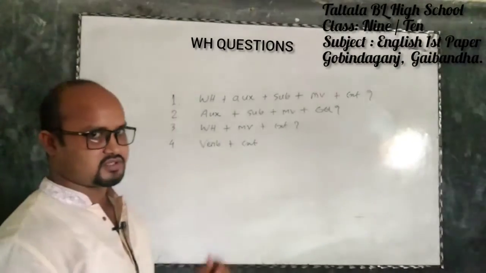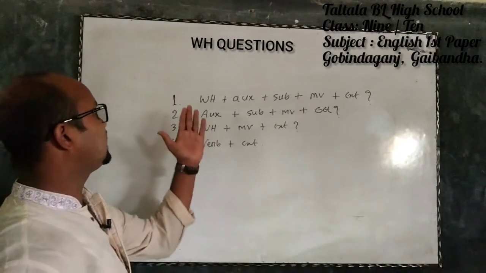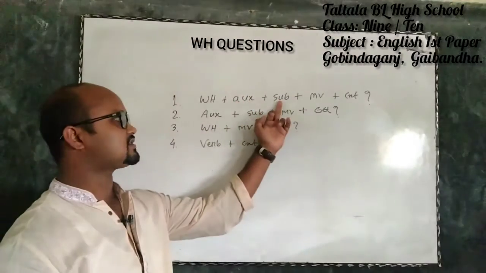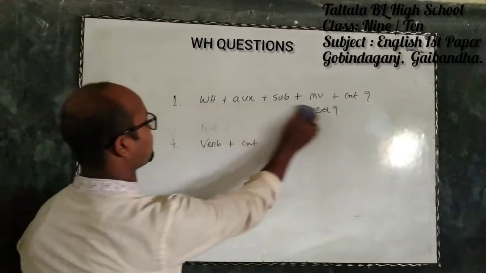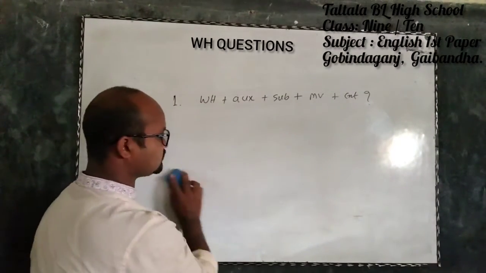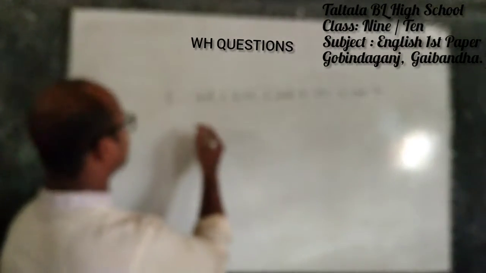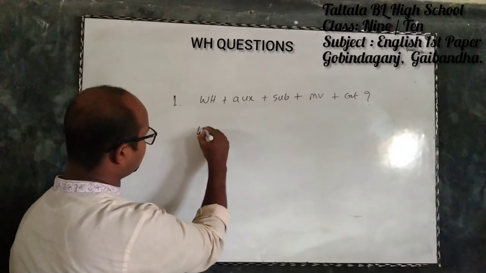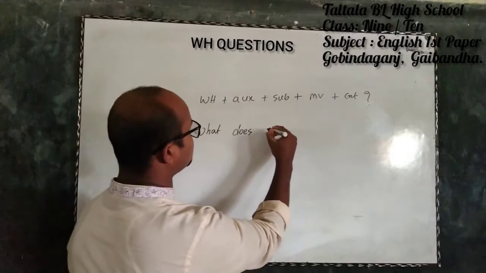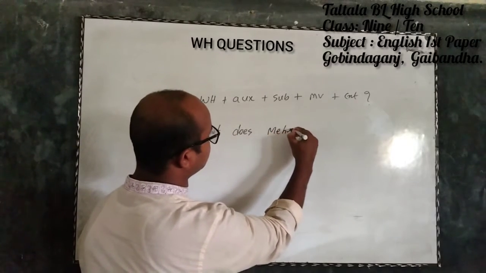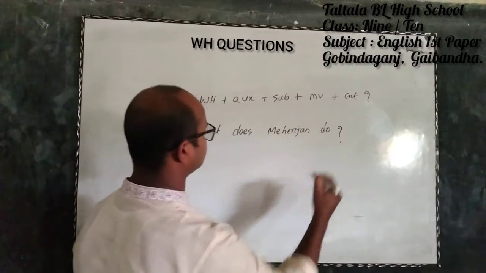Let's talk about the first structure. In the first structure, we can see WH, auxiliary, subject, main verb, extension. If I write a question here, what does Meherjan do?